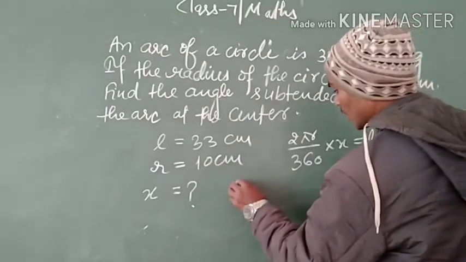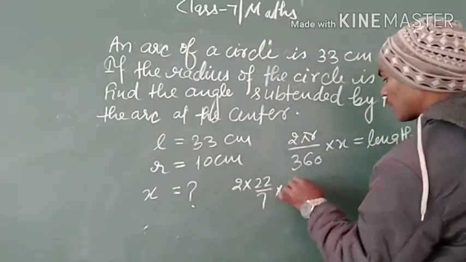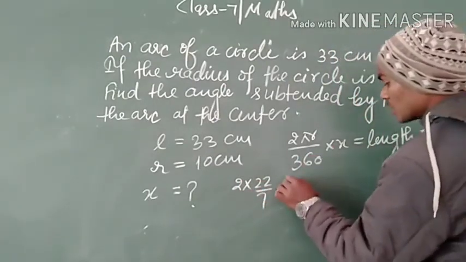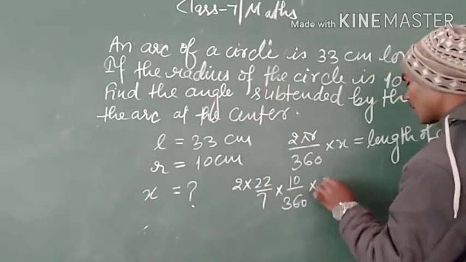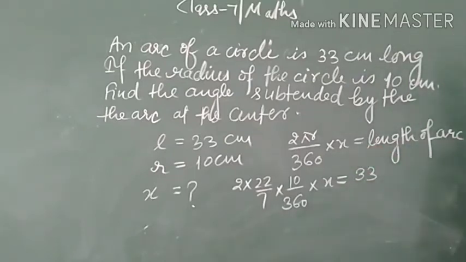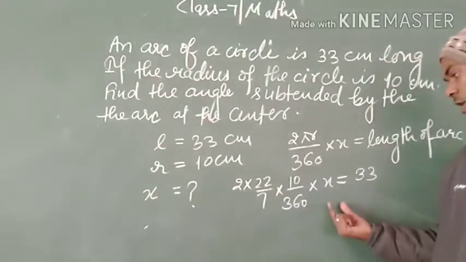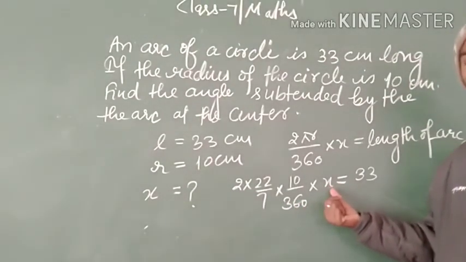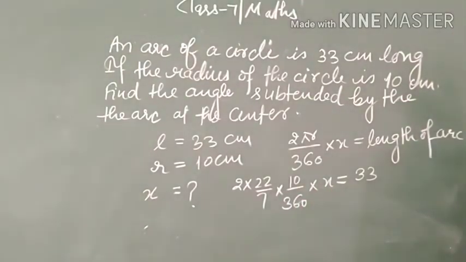So here we can write 2 into 22 upon 7 multiplied by the value of r, which is 10, upon 360 multiplied by x, which is equal to 33. So in this question we can see that this represents a linear equation in one variable, because there is only one variable, that is x, and all the rest are constants. So now just solve it.